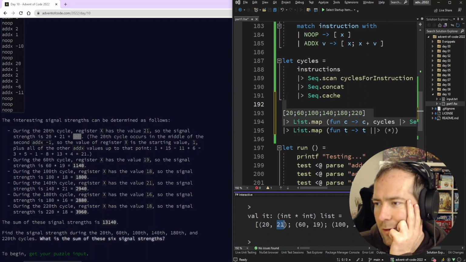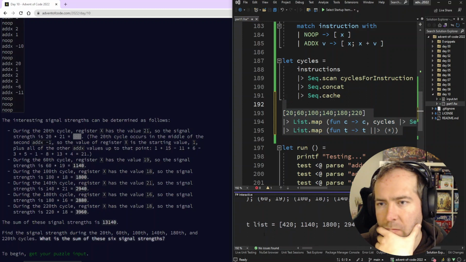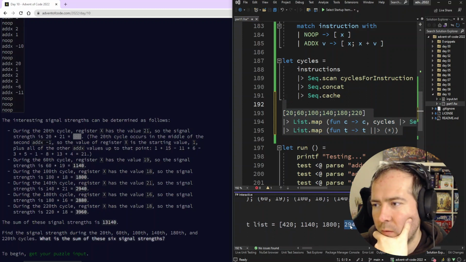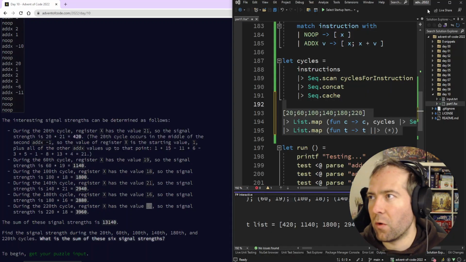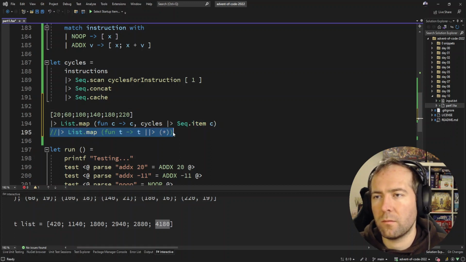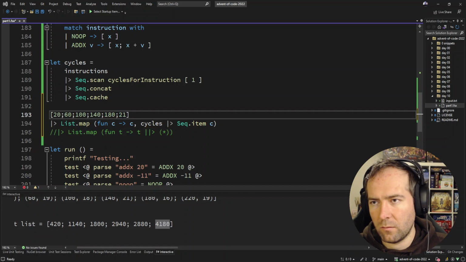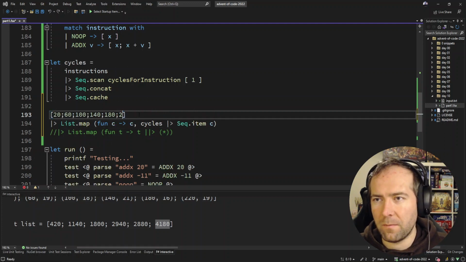Or let's look at the bigger numbers. That was easier. 420, 1140, 1800, 2940, 2880, and then boom. And x should have the value 18. What's going wrong around 220? Let's see what's happening around 220.